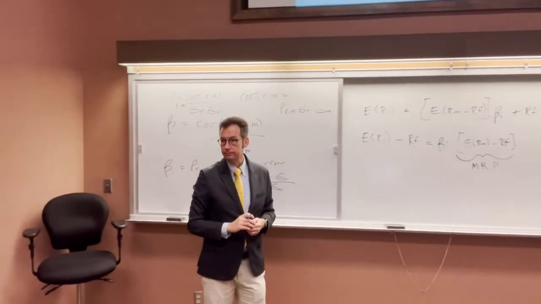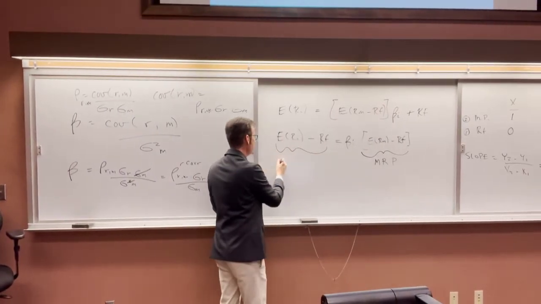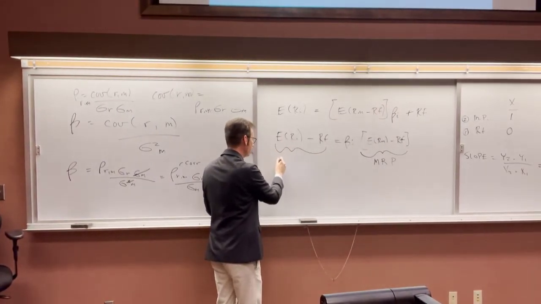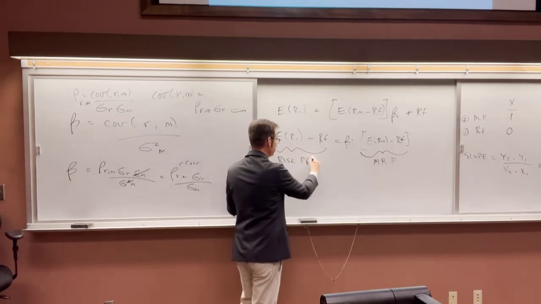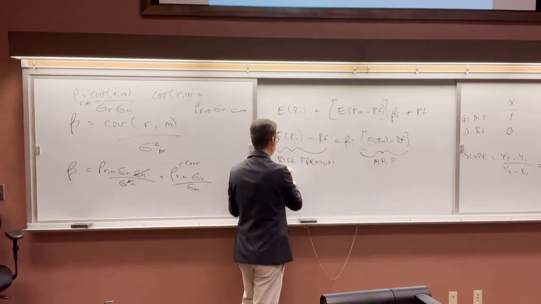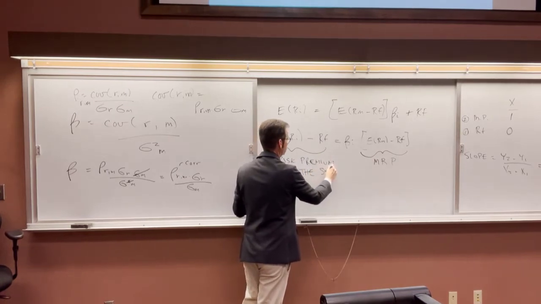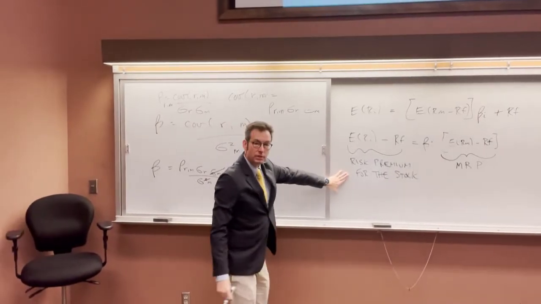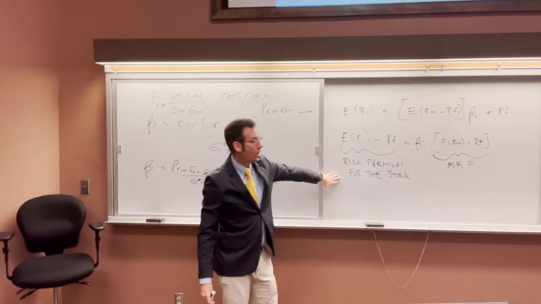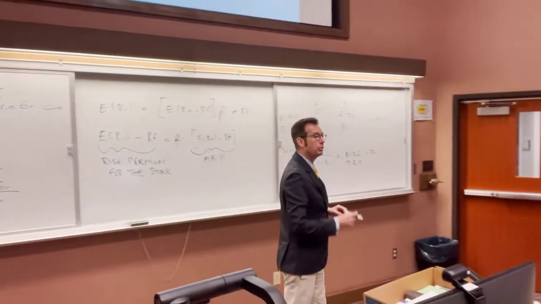This is what we get. And this thing is just the risk premium for the stock. So, if you want to know the risk premium for the stock, all you got to do is take the beta and multiply it by the market risk premium.